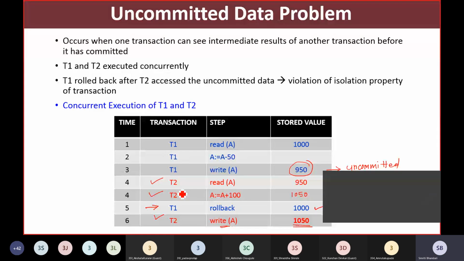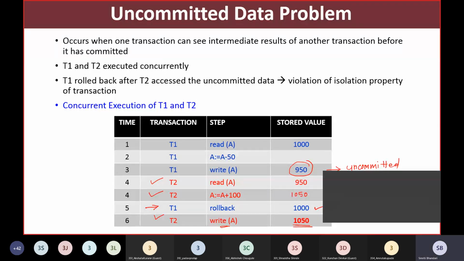And why it has happened? Because whatever T2 has read, that was the data that was uncommitted by T1. Right? And said the uncommitted, and that is why ultimate result of these two transactions collectively is wrong.